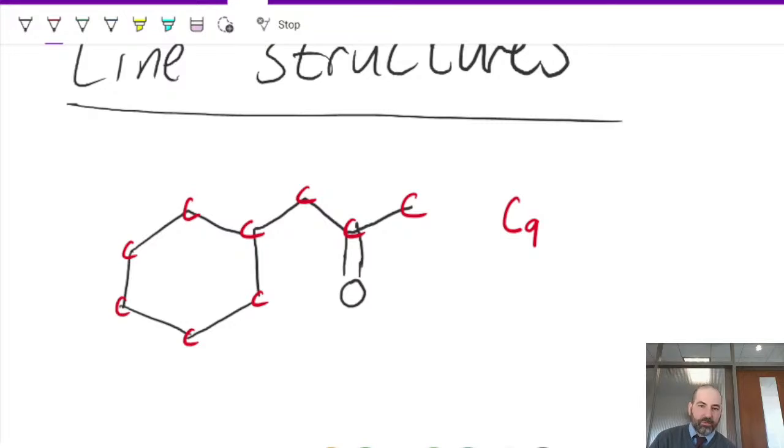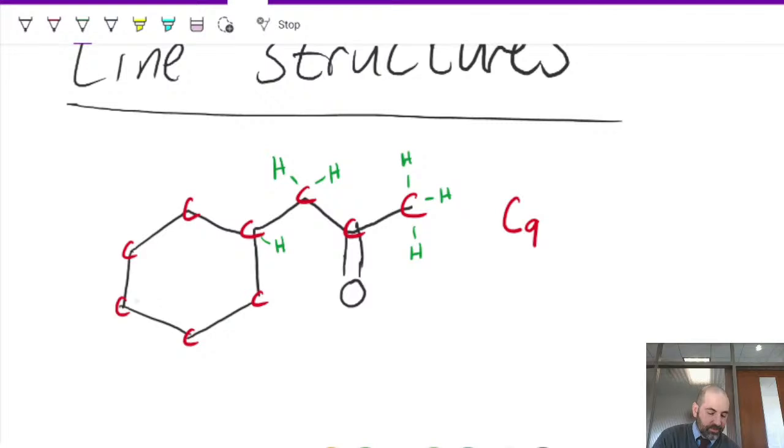Then we can put in the hydrogens. There have to be enough hydrogens at each carbon so that each carbon has 4 total bonds. Starting on the right here, this carbon has 1 line coming off of it, so it must have 3 hydrogens to get up to 4. Moving over, we've got 4, so there are no extra hydrogens here. This one has 2 connections, so we need 2 hydrogens. Then moving over here, we've got 3 connections to that carbon, so we can put in a hydrogen.